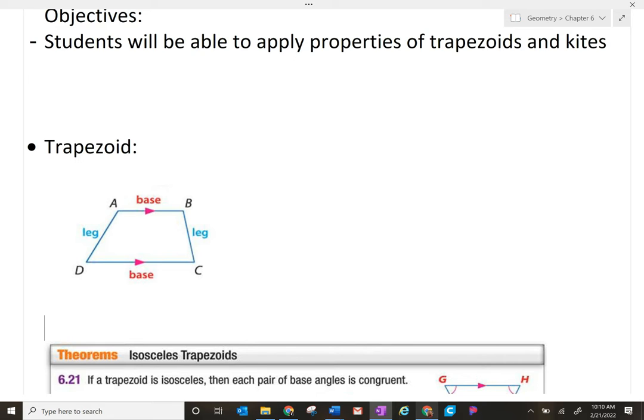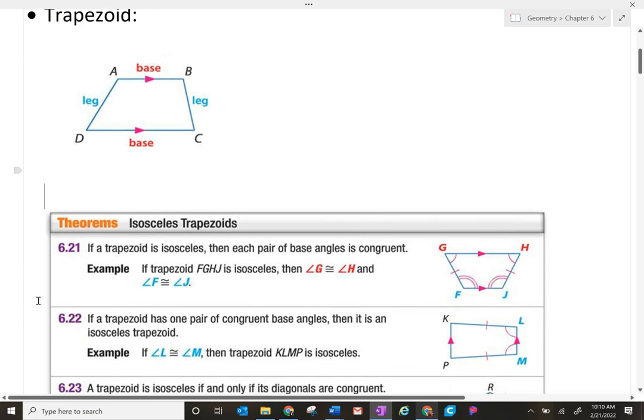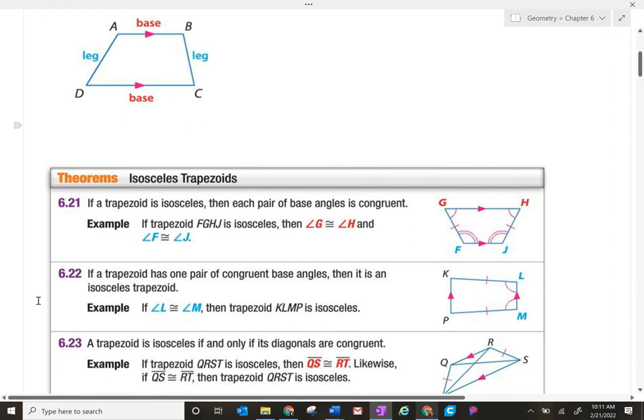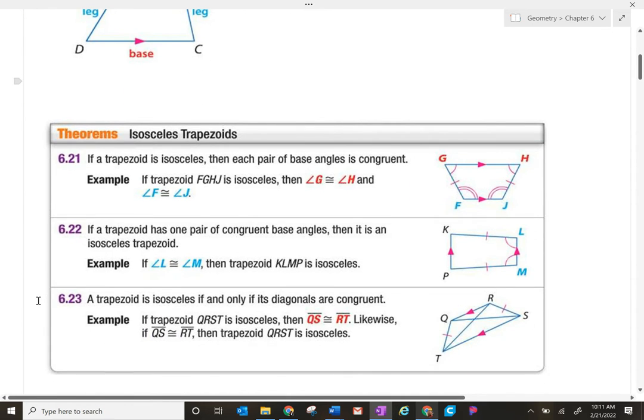All right, on to the one we're going to spend the most amount of time focusing on, the isosceles trapezoid. I will draw the picture of it to simplify things. So the first one is just a regular trapezoid.